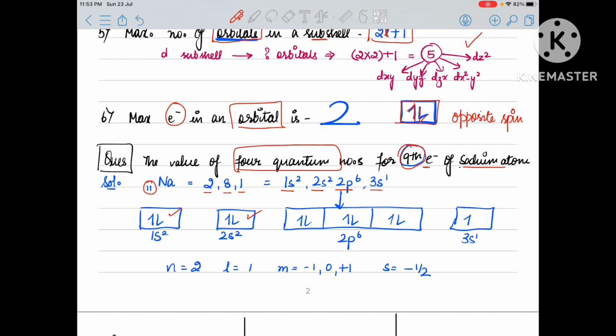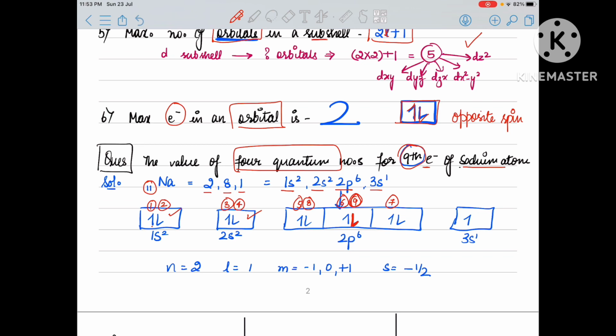Okay, now the counting you have to be very careful. If I talk about the 9th electron: 1, 2, 3, 4, 5, 6 is this one, 7 is this one, 8 is this one, and the 9th electron is this one. Please be very careful while counting the electron number.